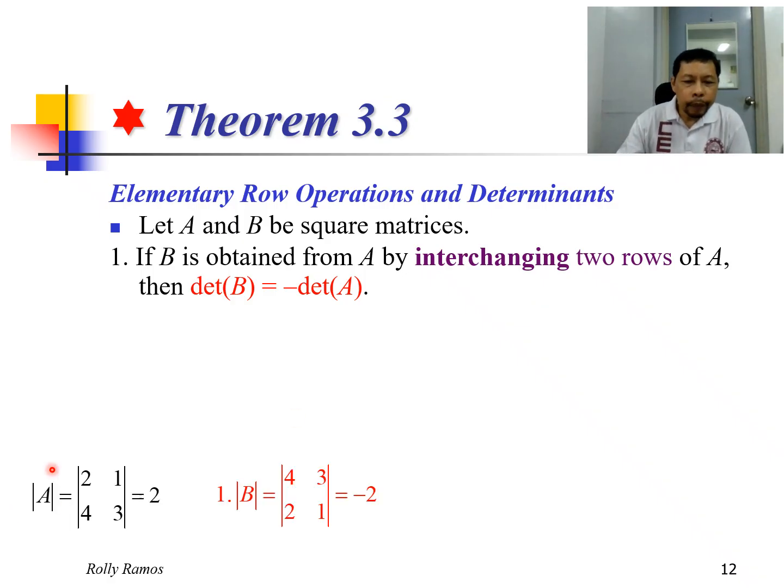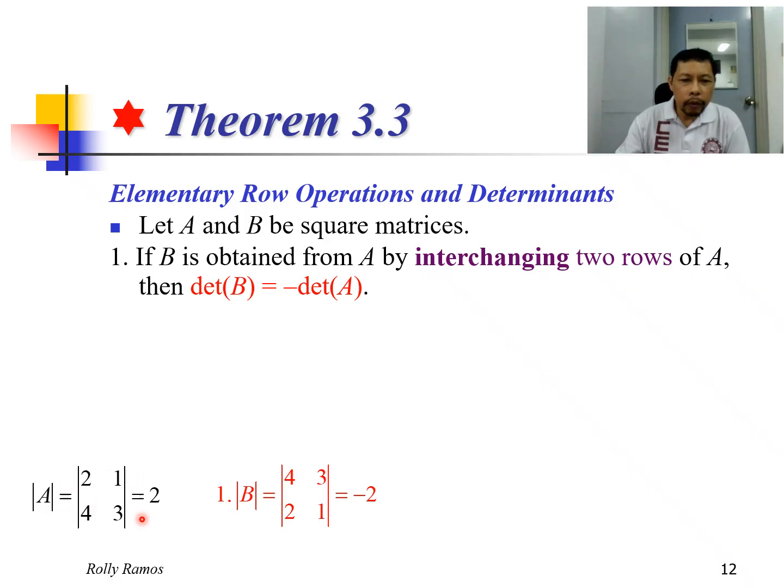So for example, if A is a matrix whose elements are 2, 1, and 4, 3, the determinant of A is 2 times 3 minus 4, which is equal to 2. Now, according to elementary row operation number 1, if we interchange two rows, then the determinant of the newly formed matrix, in this case B, changes.